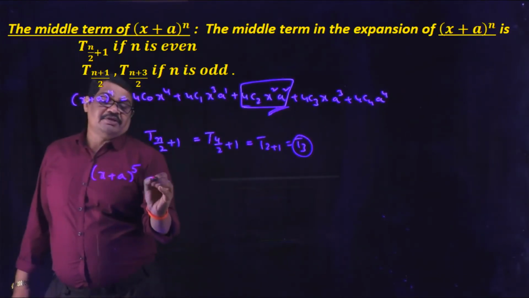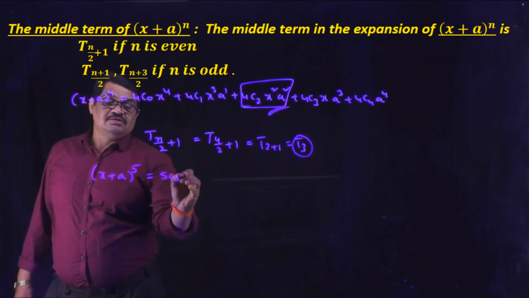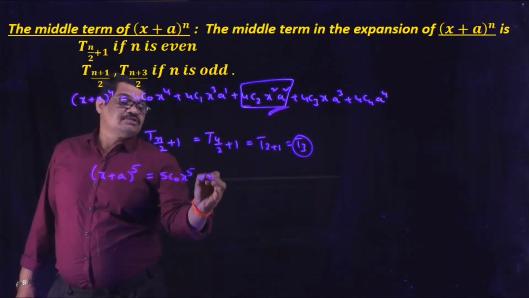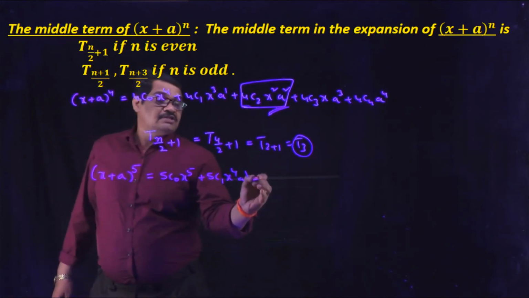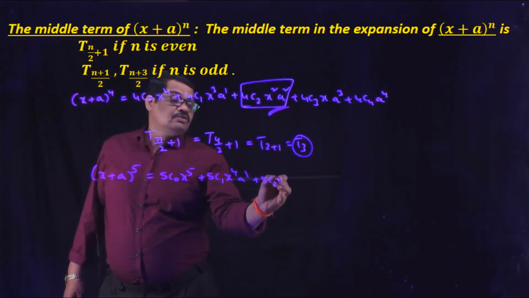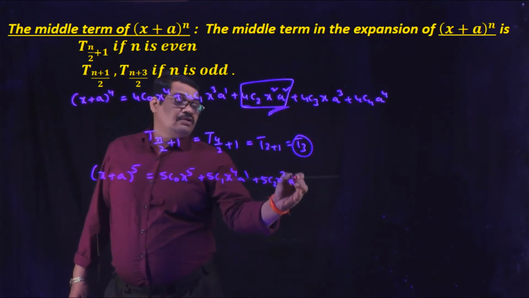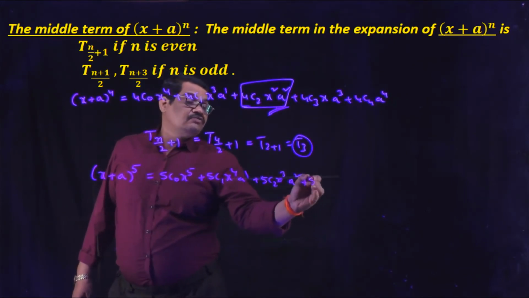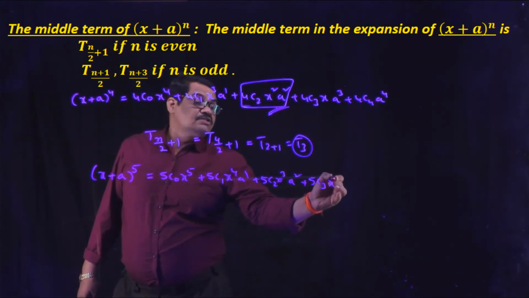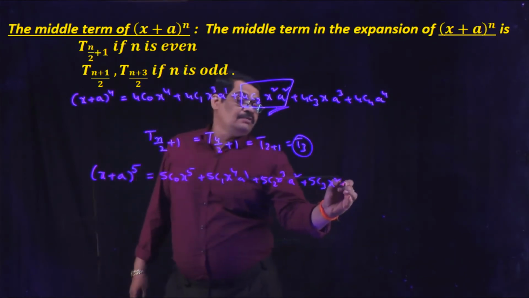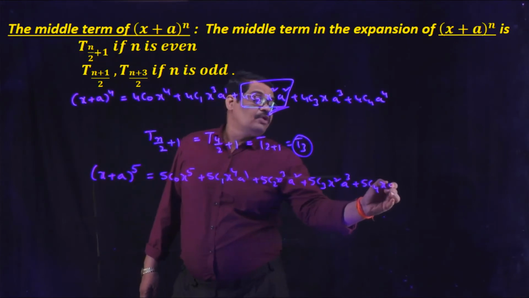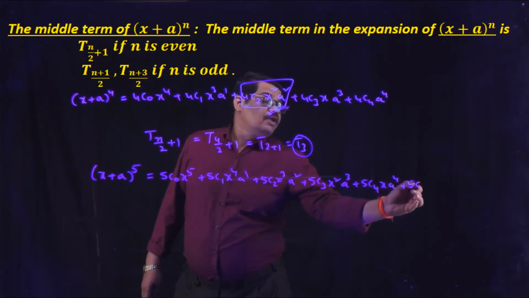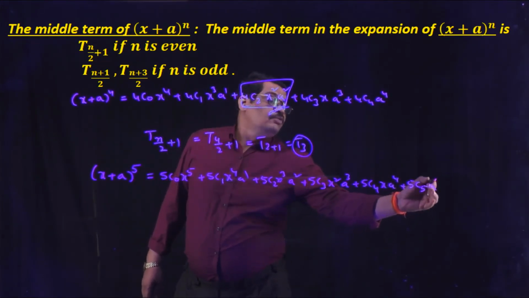This expansion is 5C0 x power 5 plus 5C1 x power 4 a power 1 plus 5C2 x to the power of 3 a square plus 5C3 x square a power 3 plus 5C4 x power 1 a power 4 plus 5C5 a to the power of 5.